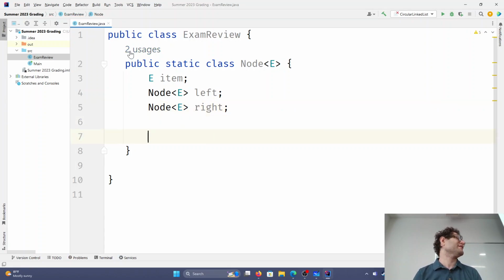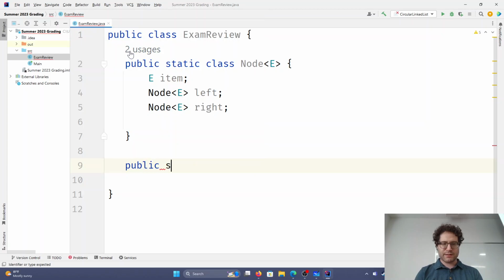So we've got these. Now, what are we going to do? We want to do breadth first search traversal, so public static E, let's just do, we'll use a list as our output.